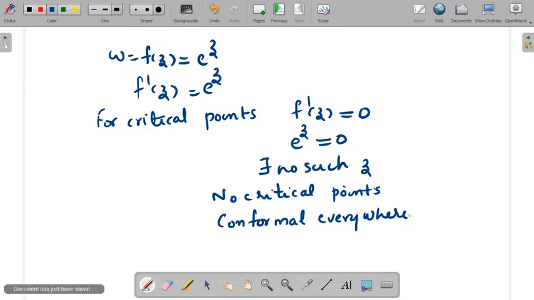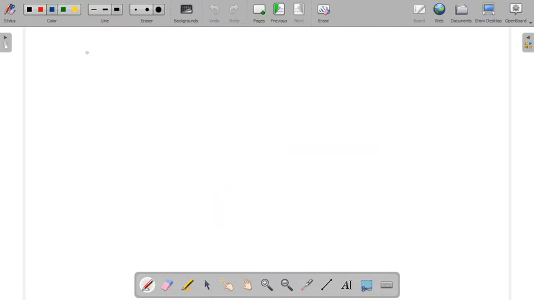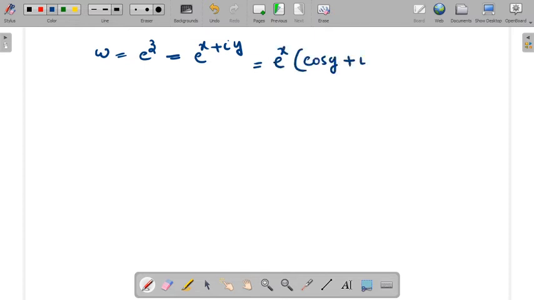Now let us discuss the image of lines parallel to the axis for this map. To discuss the image of curves, we separate the real and imaginary parts of this function. So w equal to e raised to z. Replacing z by x plus iy, we get e raised to x plus iy. We have done this before, and this is equal to e raised to x into cos y plus i sin y.